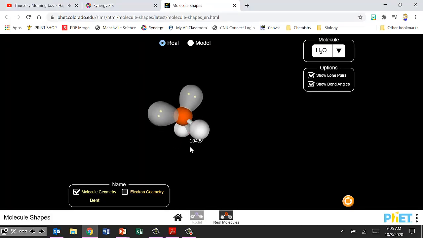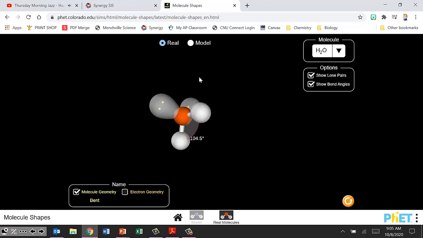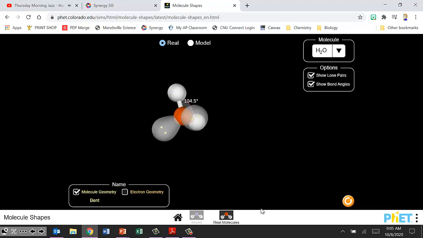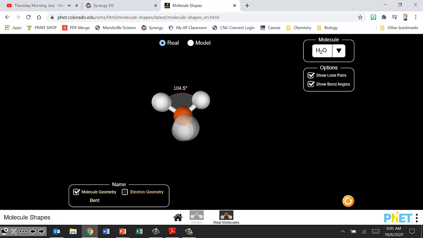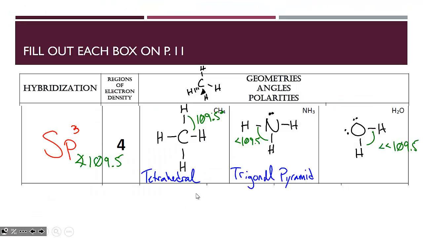The lone pairs set up on the water and the bond angle drops. This is why water has a lot of the properties it has. This is a bent shape. And yes, that's the same as sulfur dioxide. The difference here is this is a bent shape with 4 regions of electron density. It's sp3 hybridized, whereas bent with 3 regions is sp2 hybridized.